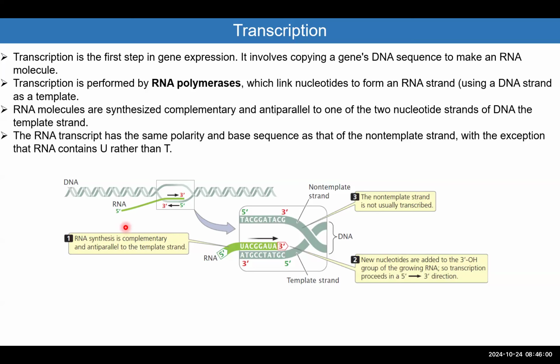So you know that transcription is the first step of gene expression, because you are making a copy of a specific DNA in a format of a different molecule that is RNA. So we have the double-stranded DNA.